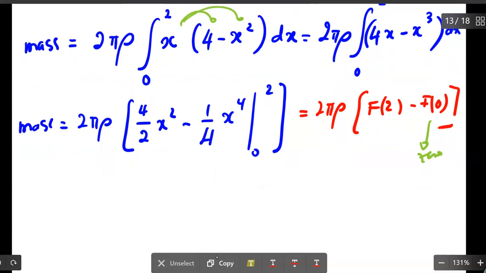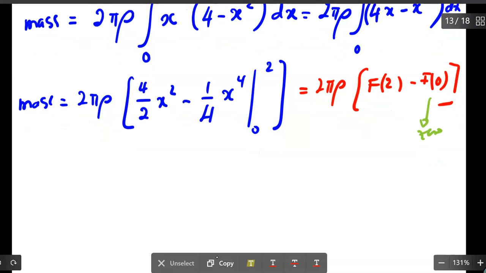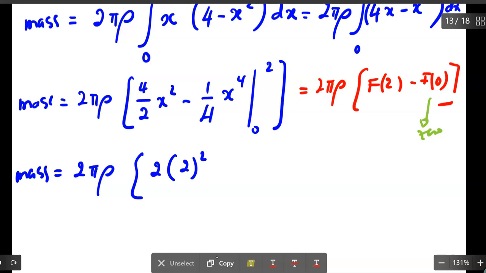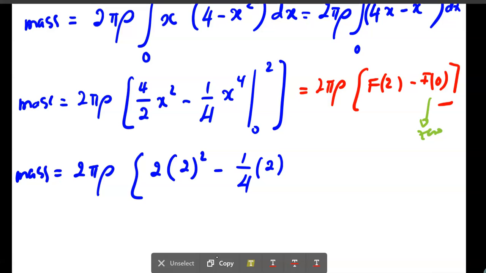So you can go ahead and forget that. And mass is equal to 2 pi rho. Now I should have 2 times 2 squared subtract 1 over 4 times 2 to the exponent 4. Okay, very nice.